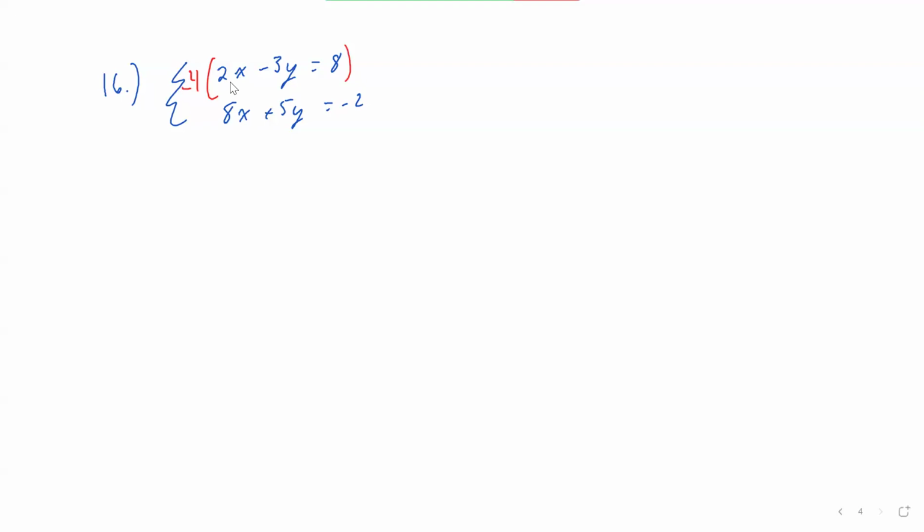But once I make that decision to multiply the 2x by negative 4, I have to do it to every part of that equation. So this will now give me negative 8x plus 12y equals negative 32. And then I have 8x plus 5y equals negative 2.